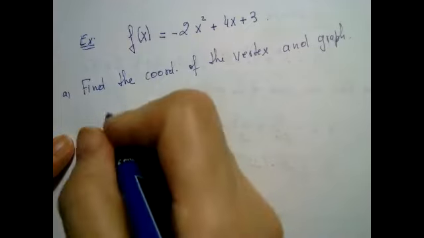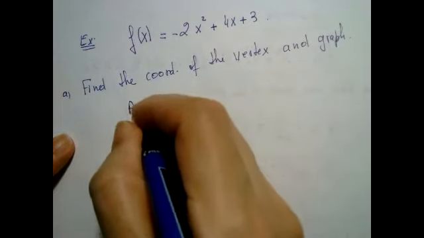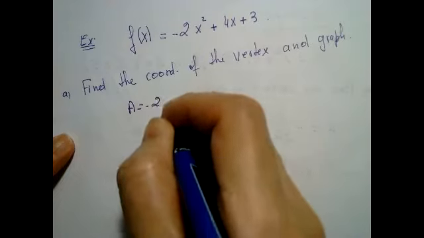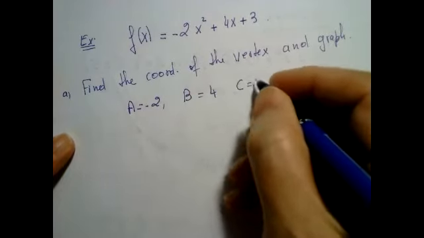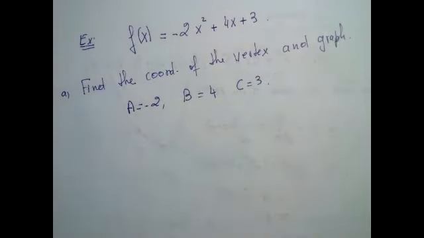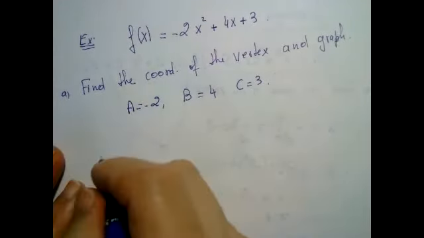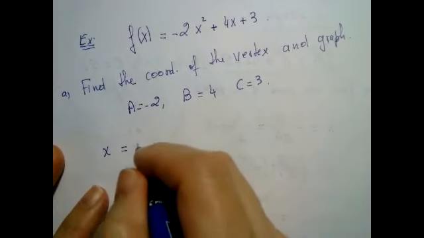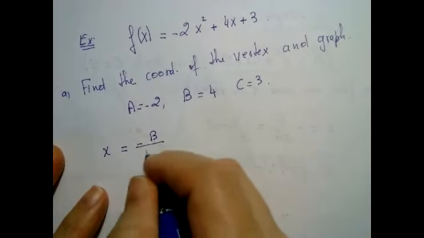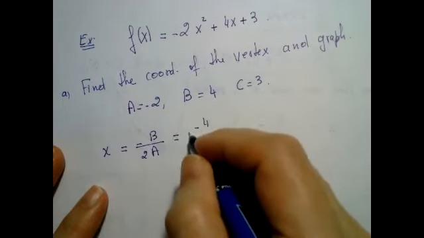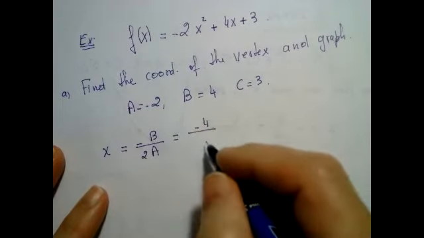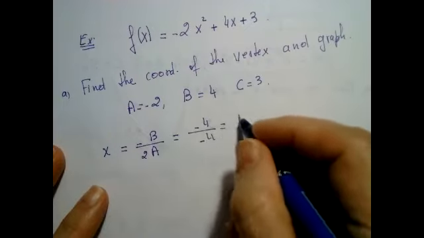Okay, let's do it. So first, my A is -2, my B is 4, and my C equal to 3. So we first have to identify them. And then my x coordinate is -b over 2a. It's -4 over, now a is -2, over -4, which is going to give me the 1.